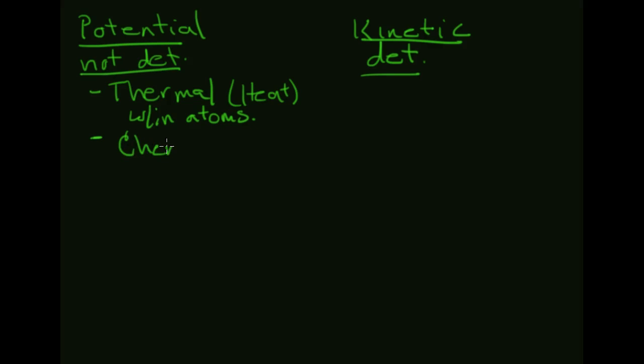We have chemical energy, which is the energy that bonds two atoms to each other. So this is between atoms. It's the energy that creates molecules: when two atoms bind to each other, the energy that's being exhibited there is chemical energy.